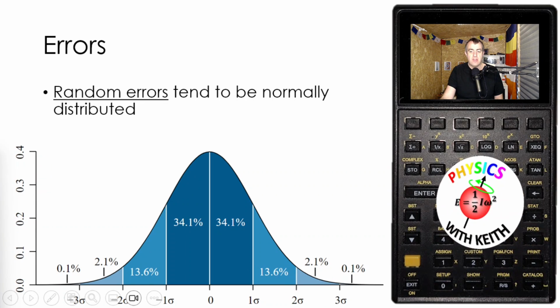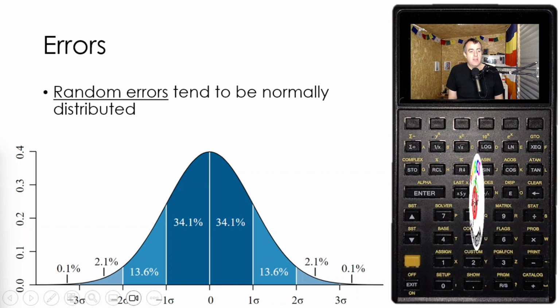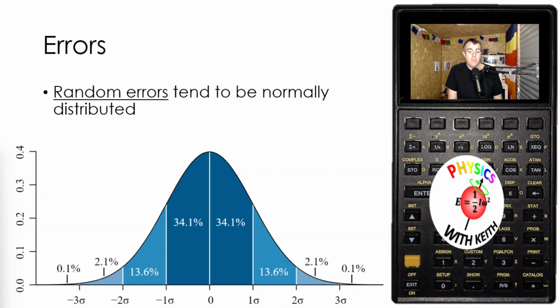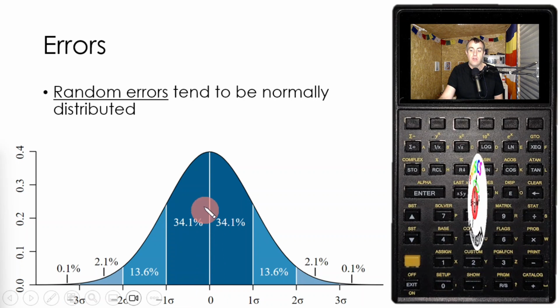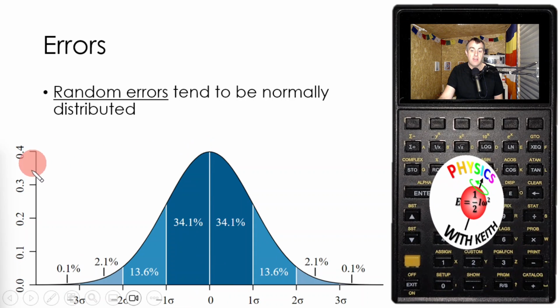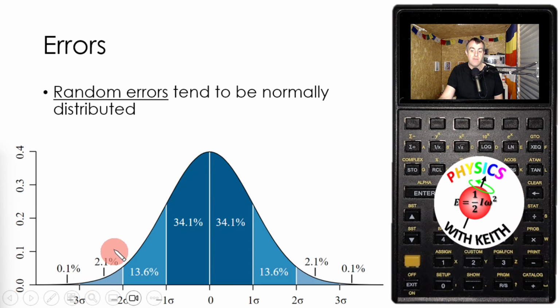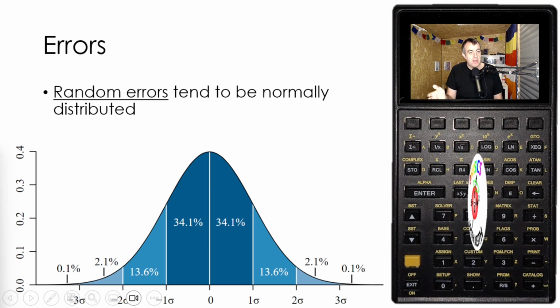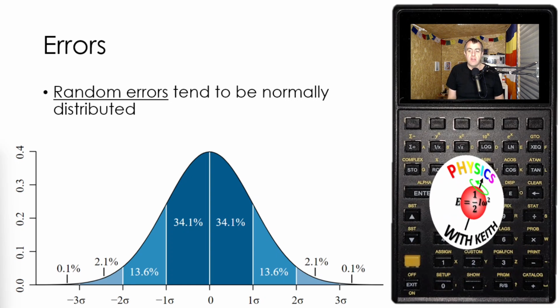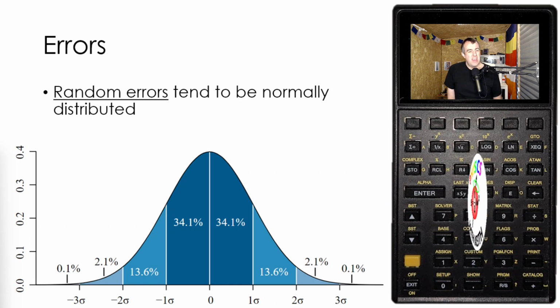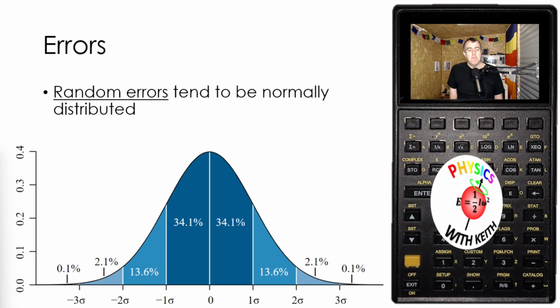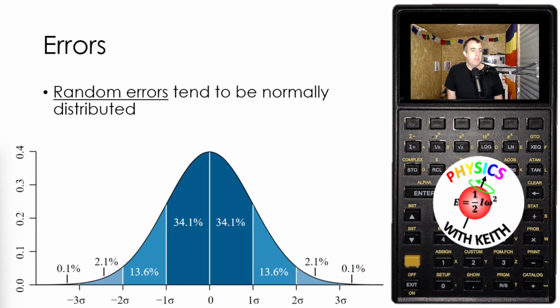And on the y-axis is your probability of measuring that particular value. So the likelihood of measuring a value that's very close to the mean should be higher than the likelihood of measuring a value very far away from the mean. That's what we would expect a spread of measurements to be like. What is standard deviation? Well, you can think about it as the mean distance from the mean.